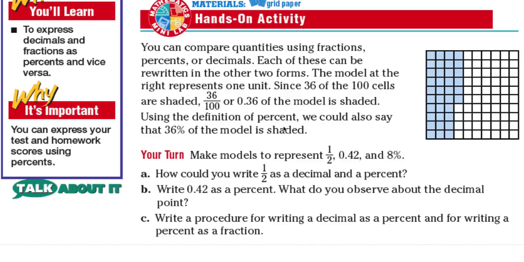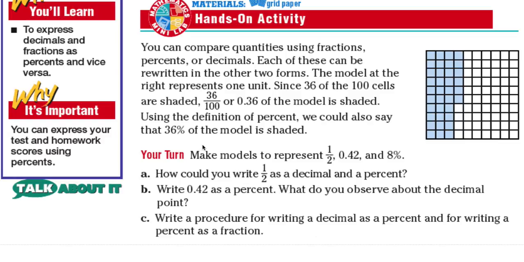Using the definition of percent, we could also say that 36% of the model is shaded, because percent is basically by the hundred. So for 0.36, simply move the decimal 2 spaces to the right to make that into a percent, or multiply 0.36 by 100. That's the reason why 0.36 is the same as 36%.